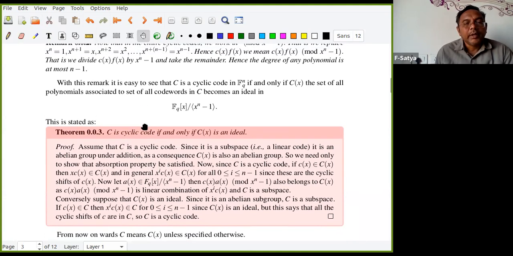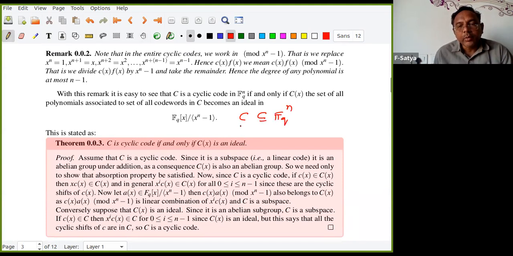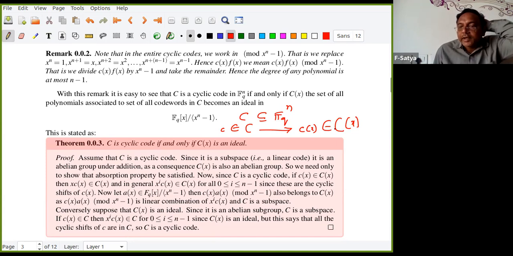Now we will prove that C is a cyclic code if and only if C(x) is an ideal. Try to understand before going further. C is a subset of Fq^n. For each codeword small c belonging to capital C, I associate a polynomial c(x). I collect all those polynomials and call the collection C(x).